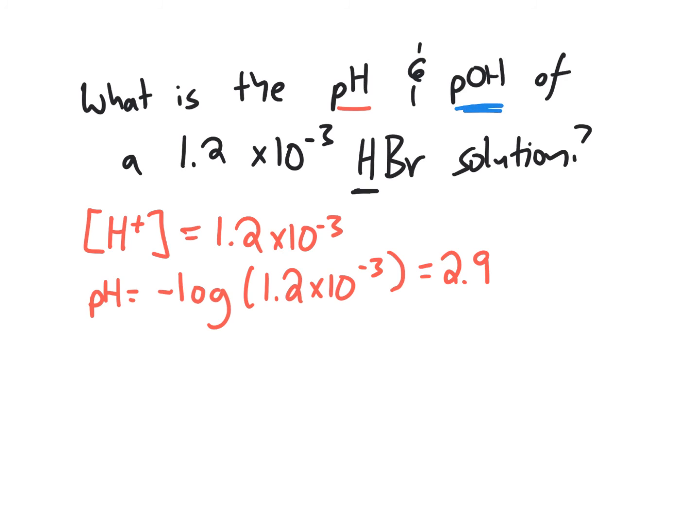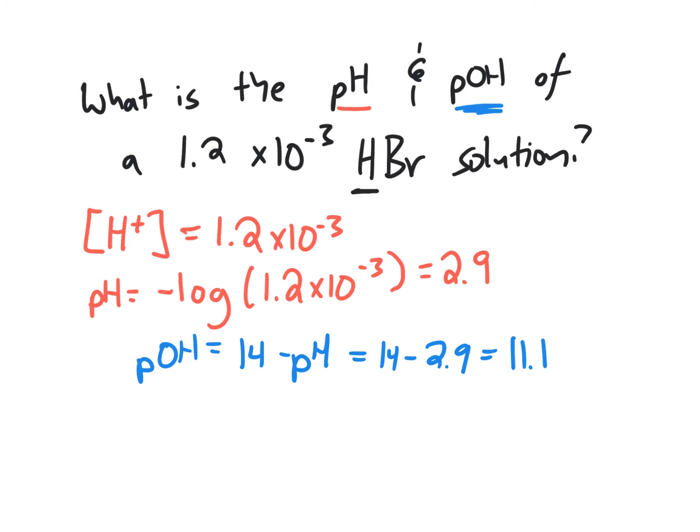And then for pOH equals 14 minus pH. So it equals 14 minus 2.9. So it equals 11.1.